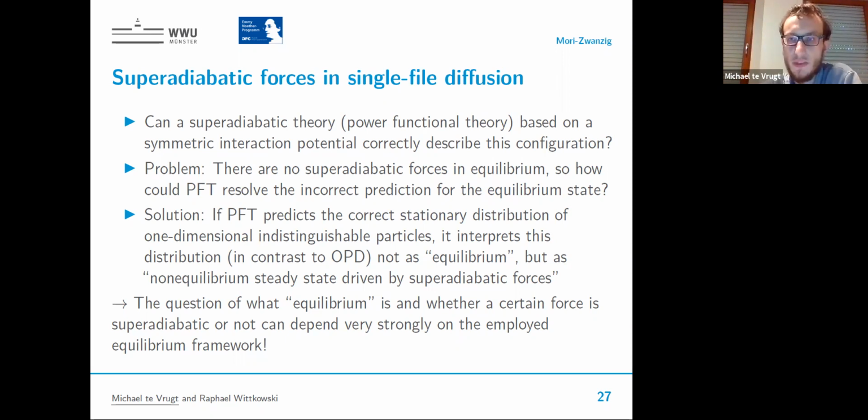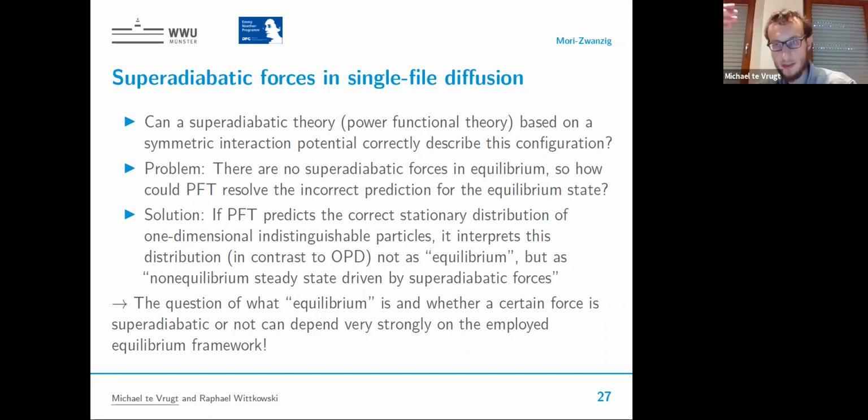And the solution that I find most appealing here is that presumably PFT could predict the correct stationary distribution of these indistinguishable particles in one channel, but it would interpret this distribution not as the equilibrium state.